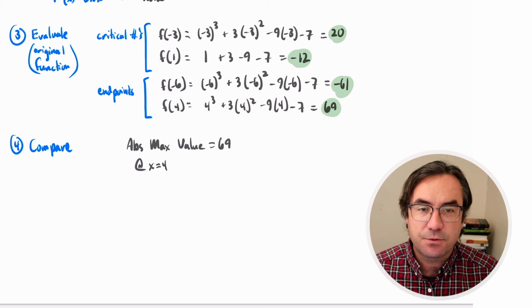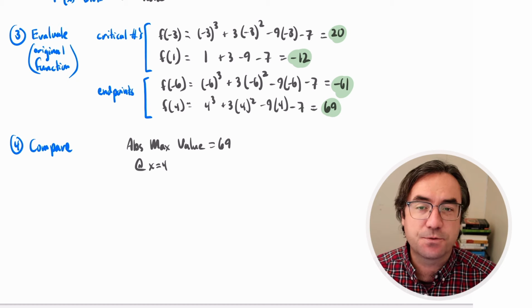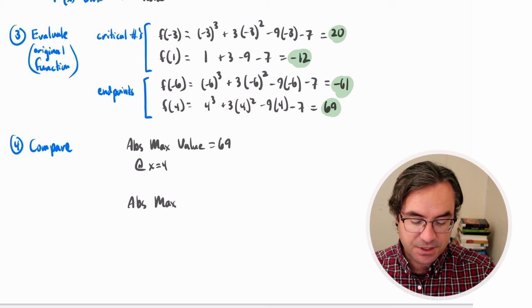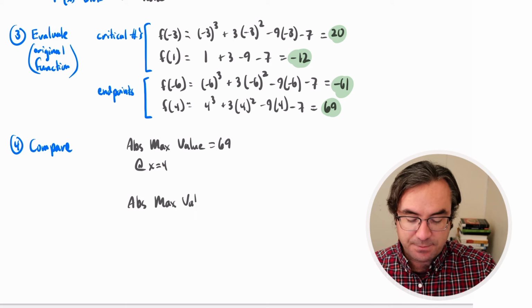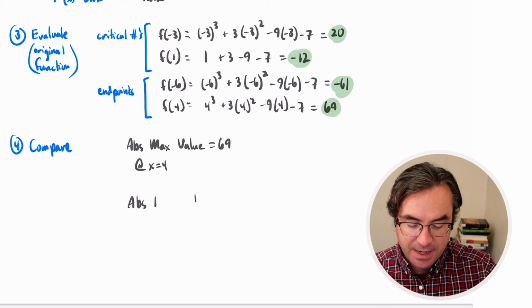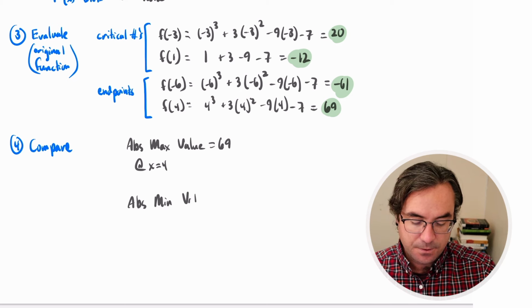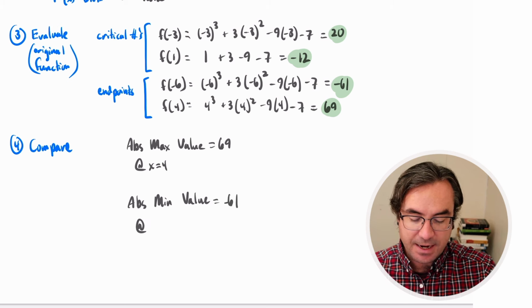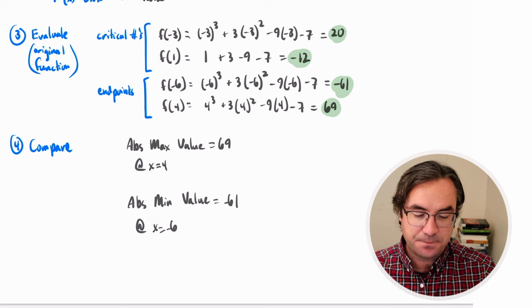And then we scan through the list and look for the smallest of those 4 values, and we see that that is negative 61. So the absolute, not max, min value is going to be negative 61, and that happens at x equals negative 6.